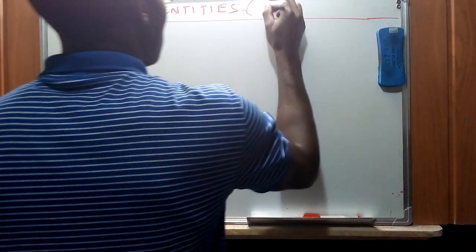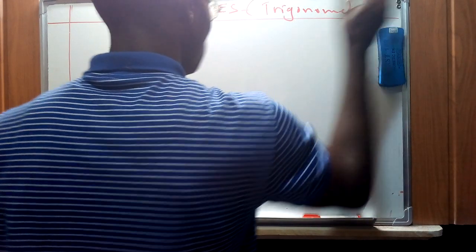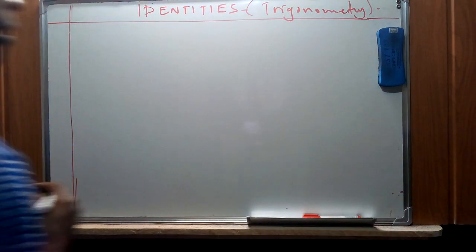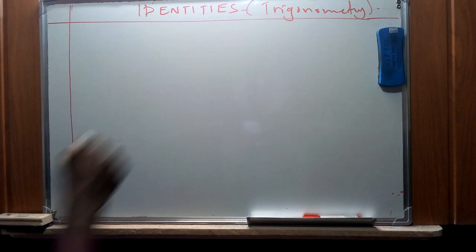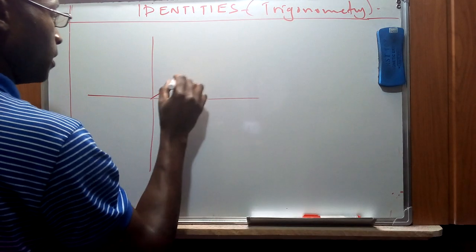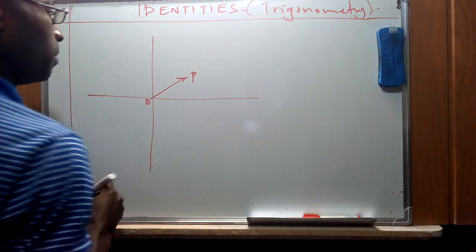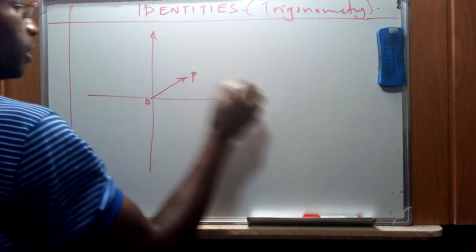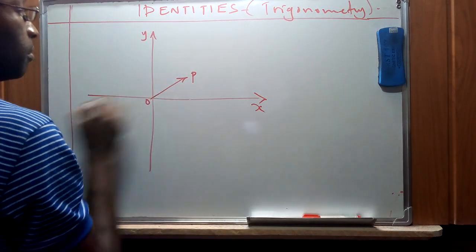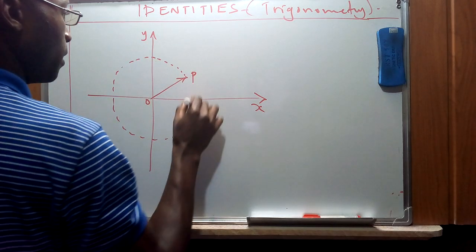So this is trigonometry, and we're going to learn about identities. When we were discussing the unit circle, we were given an illustration of this kind: suppose there's a point in this rectangular coordinate system that is moving at an equal distance from the center.